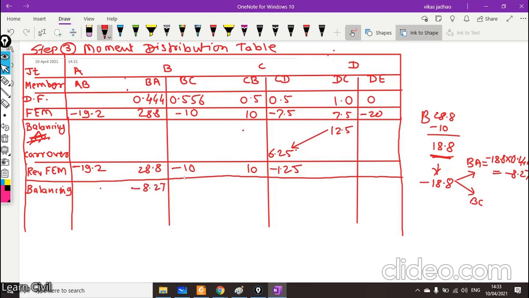Okay, next out of this 18.8, the BC will be sharing minus 18.8 into distribution factor of BC. It is 0.556. So write down here minus 18.8 into 0.556. So this will be equal to minus 10.45. So just write down here minus 10.45.